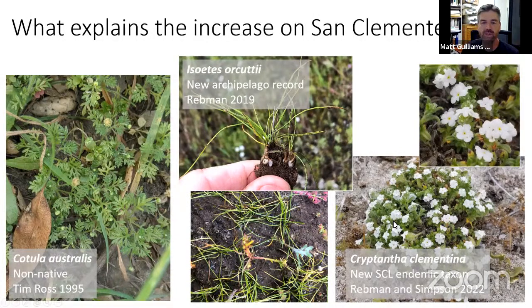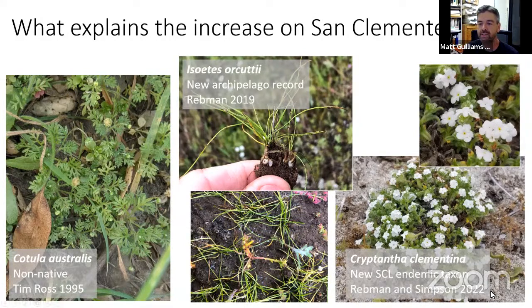But when you're out there, there are these unanticipated advances that happen. When John was out there working, he detected some issues with how Cryptantha was parsed. Everything was called Cryptantha traskiae, and when he began to compare the material he was seeing on Clemente Island with traskiae from San Nicolas Island, he realized there was something different.